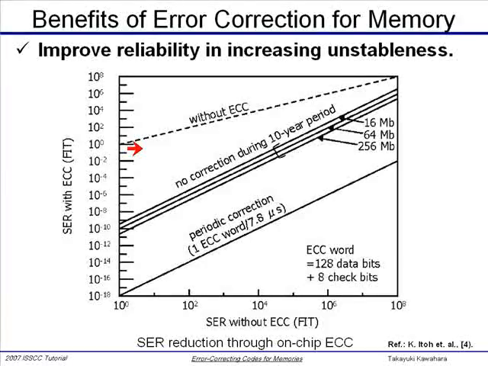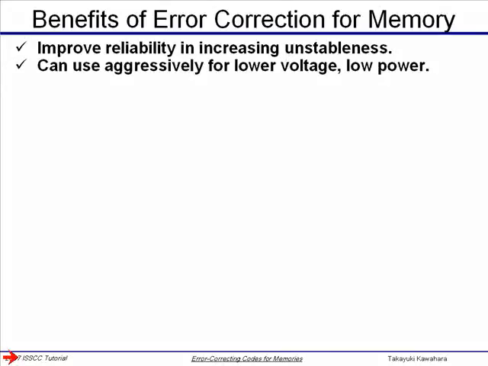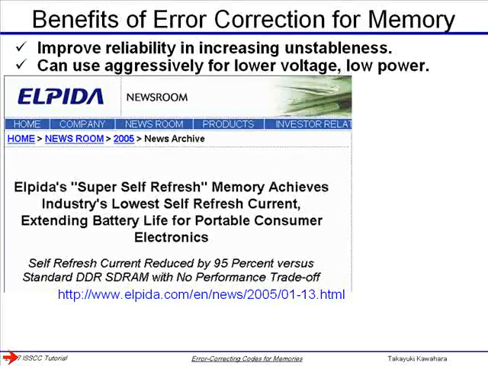But currently, there is another benefit discussed in the memory area: error correction used aggressively for lower voltage and lower power. That is a new trend in recent days. This is one announcement from LPDRAM memory. They call it super self-refresh, which achieves the lowest self-refresh current.